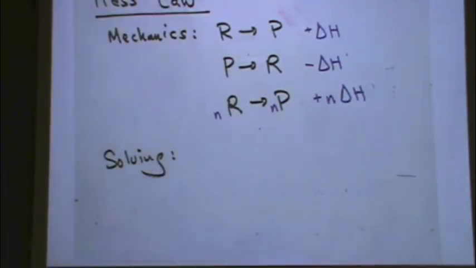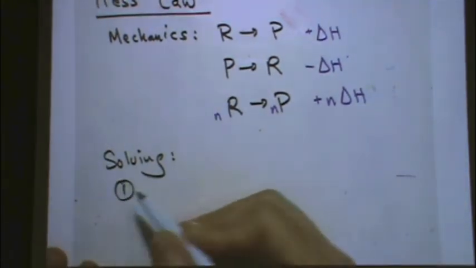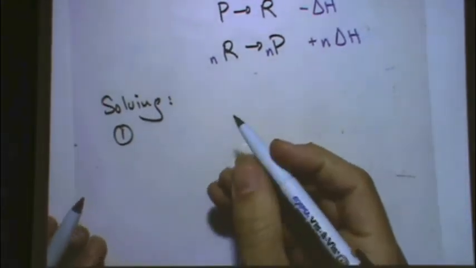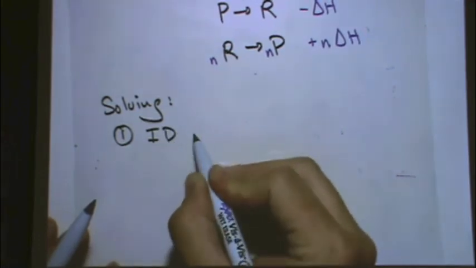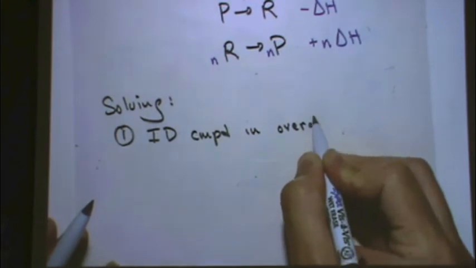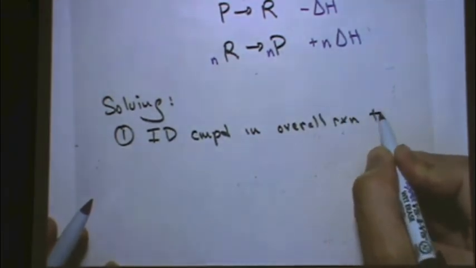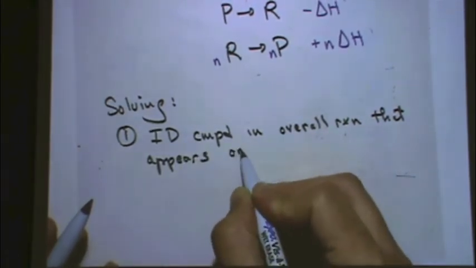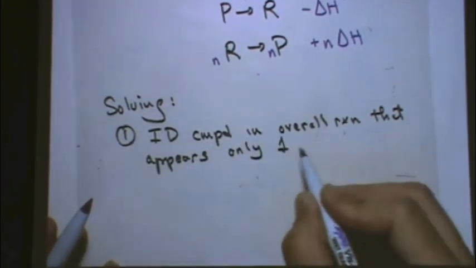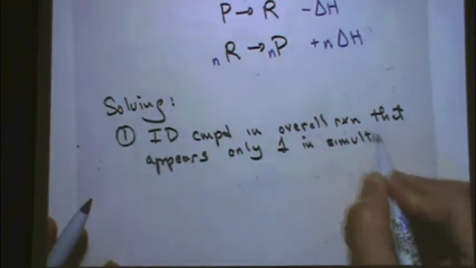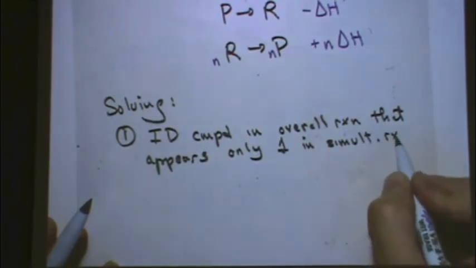Solving. There's different ways to do it. I have a particular technique that I like that has 2 steps. Okay? Step 1. You're going to ID a compound in the overall reaction that appears only once in the simultaneous reactions.